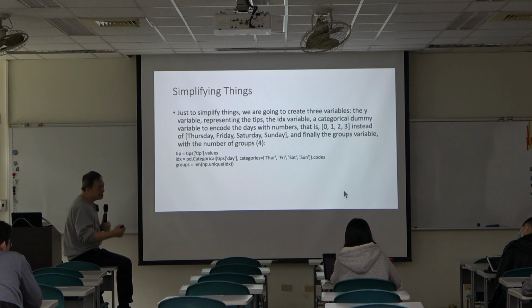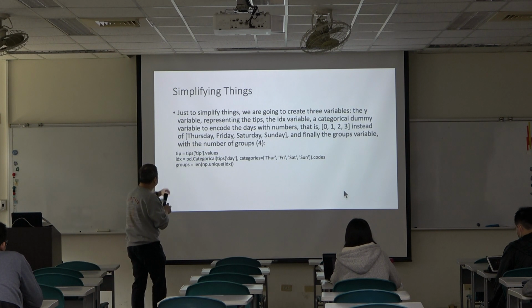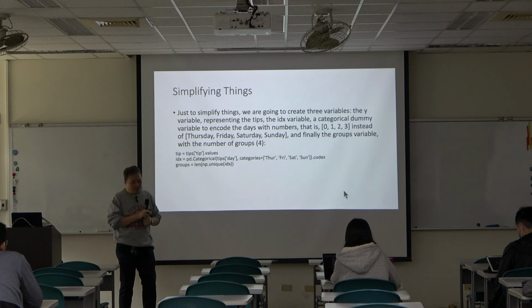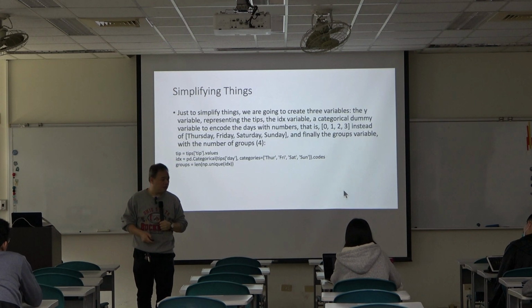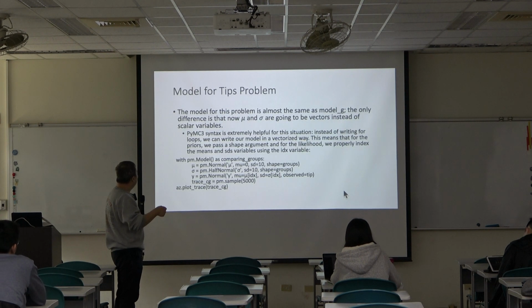So 0 represents Thursday, 1 represents Friday, and so on. Finally, the groups variable, with the number of groups. So we have these 3 things. Here we just define these features.